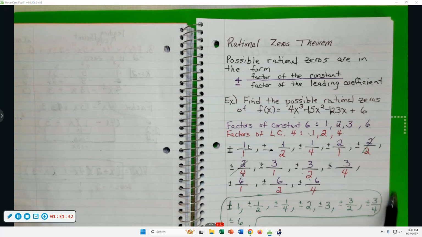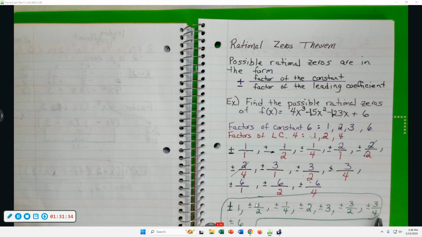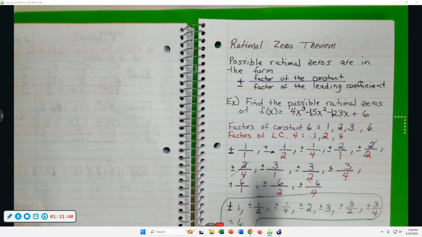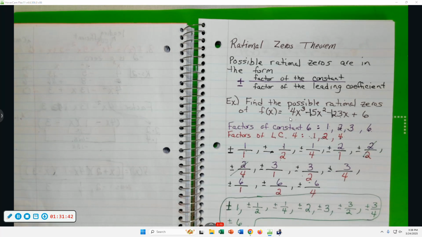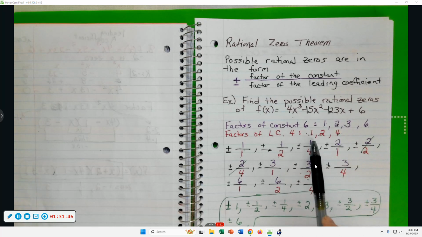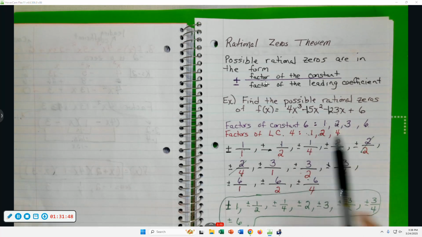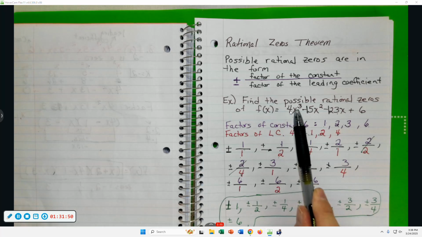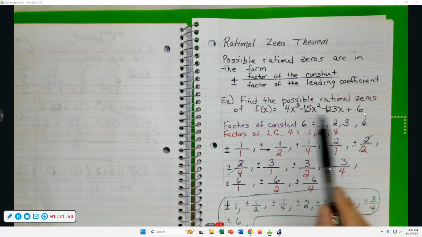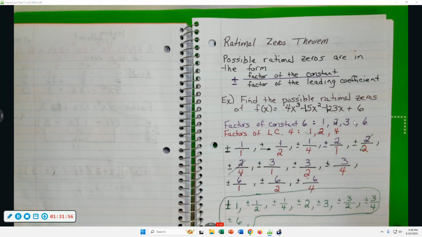Have I changed the possible rational zeros? Would I have to do this all over again? Do I use those middle terms when determining the possible rational zeros? No. The only ones I use are the leading coefficient and the constant. So those middle terms don't really matter, okay?